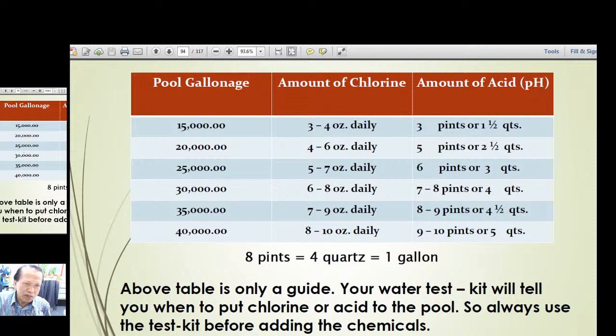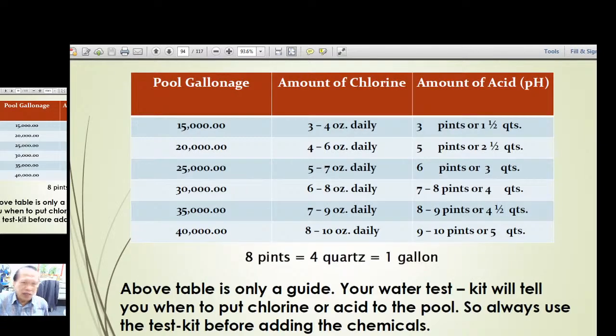I mean, not GPM, gallons. So 8 pints is equal to 4 quarts equals 1 gallon. The above table is only a guide. Your water test kit will tell you when to put chlorine or acid to the pool. So always use the test kit before adding the chemicals.